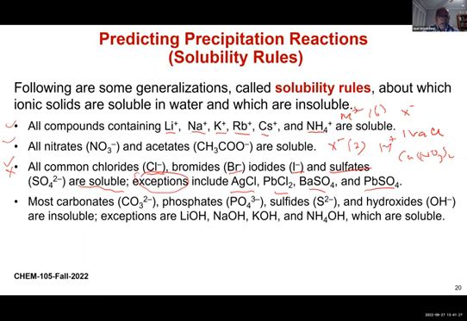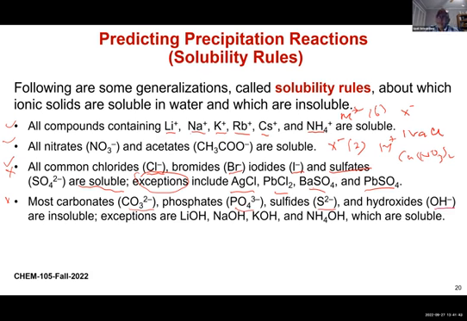Carbonate, phosphate, sulfide, and hydroxide are insoluble. These are based on insolubility; they are not soluble, except for the last two, which are based on exceptions. Lithium is soluble.